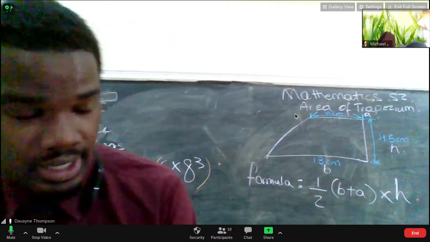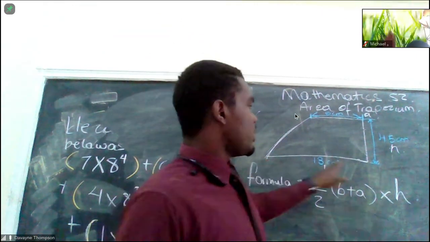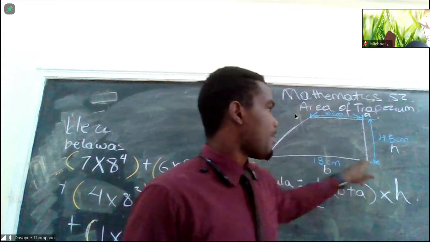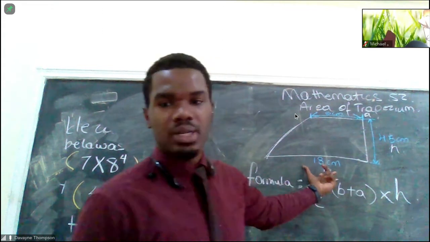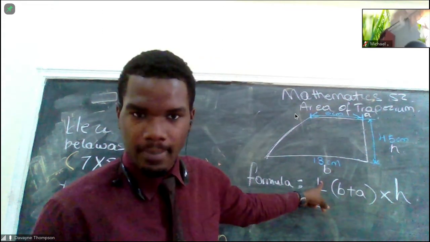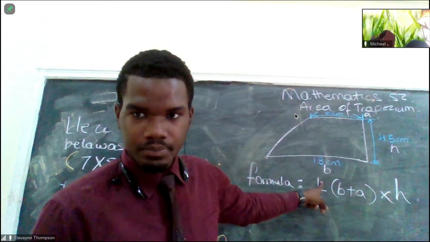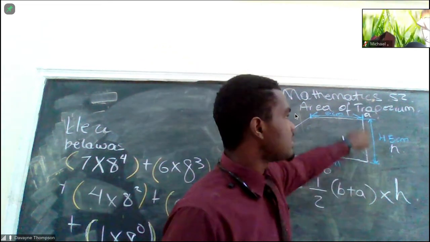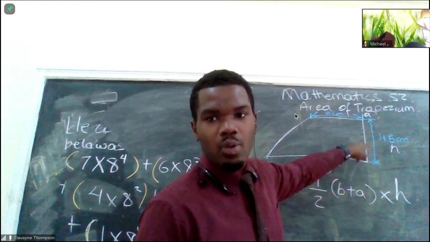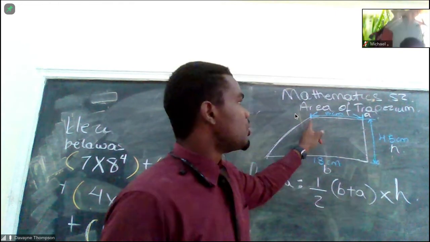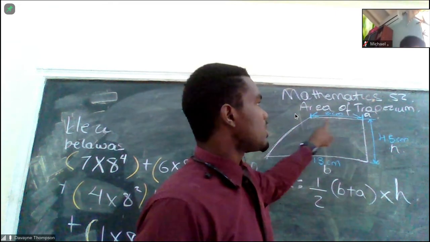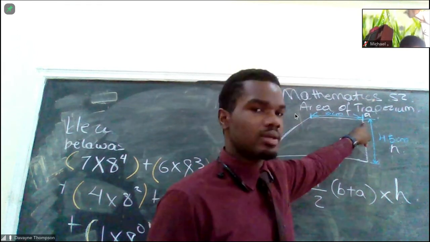Let me go over it again. We always know that in a triangle, this part would have been called the b, this is the base, right? We know that the height is the vertical, and we always call it the h. But do you realize we have a length here as well, from here to here?